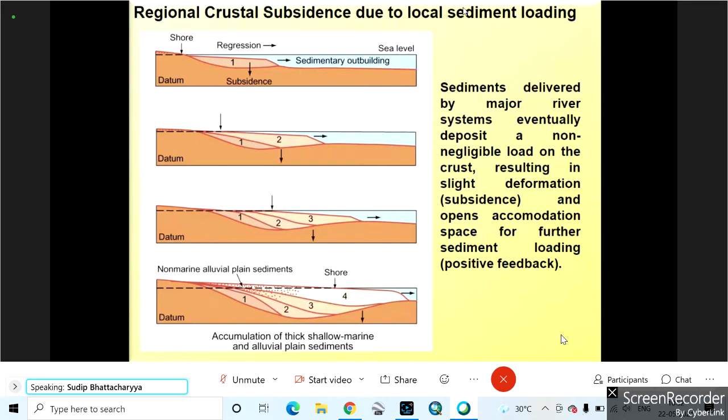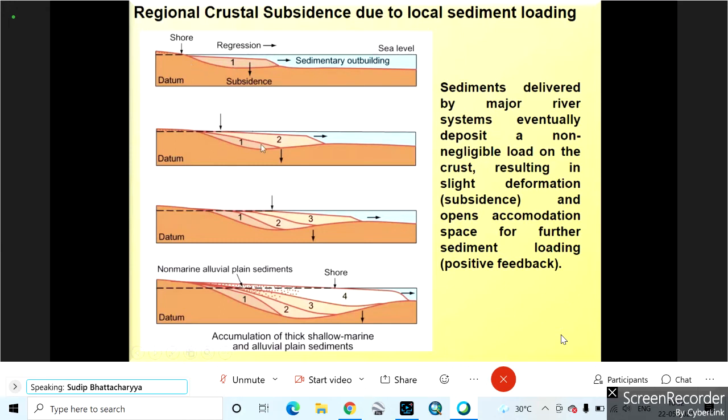So first a small subsidence, and if it is a lake or sea, whatever it may be, this is called the proximal part of the sea or your large lake, and this is the distal part. Now, when sedimentary outbuilding is going on, then a regression is taking place, and number one, it is marked over here, a small subsidence is there.